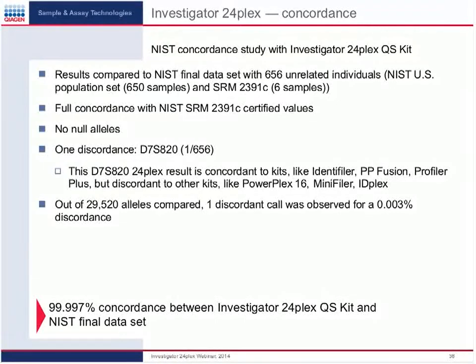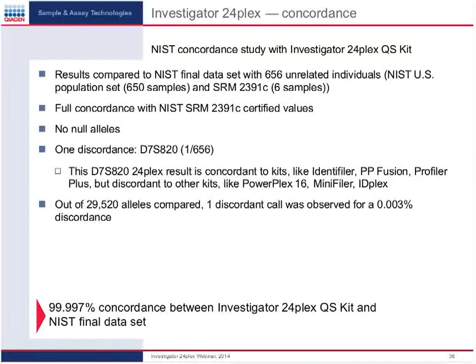What was interesting is that this D7 24Plex result is concordant, for example, to kits like Identifiler Plus, Fusion, and Profiler Plus, but it is discordant to other kits like Plex 16, Minifiler, or IDplex. Out of about 30,000 alleles compared, there was one discordant call.